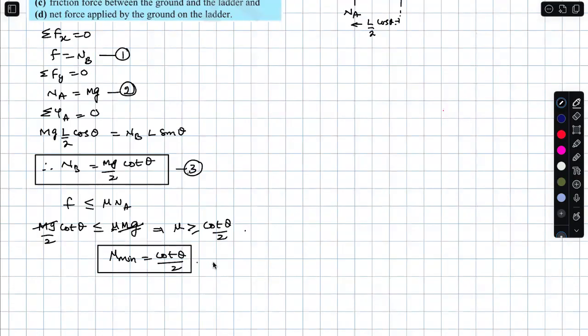Now I have given everything whatever you require there. Now what is the net force exerted by the ground on the ladder? The ground at A will exert two forces. One is NA, which is equal to mg. The other is F, which is nothing but NB, which is nothing but mg by 2 cot theta.